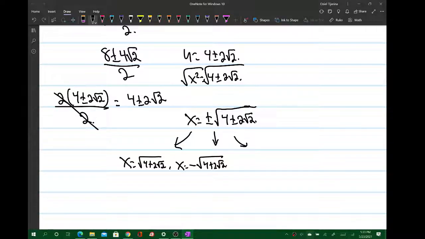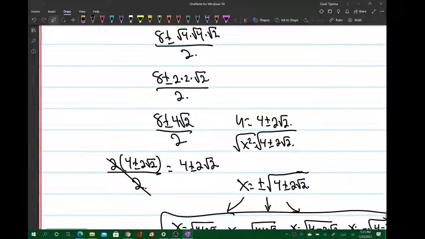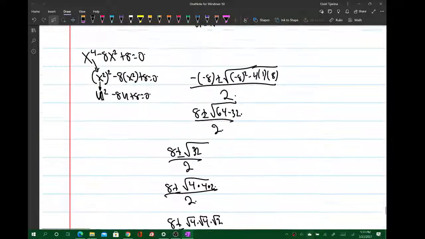And then x equals positive the square root of 4 minus 2 square root 2, and then x equals negative the square root of 4 minus 2 square root 2. So these would be your 4 answers for this. It's a tricky one. You have to be careful.